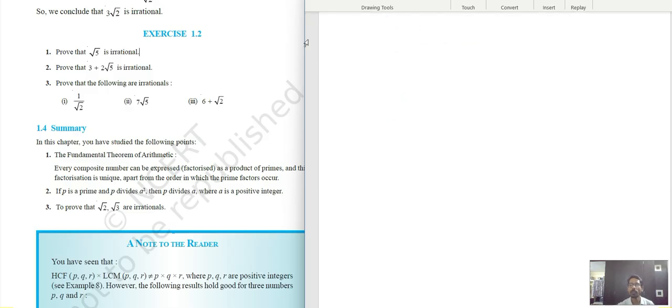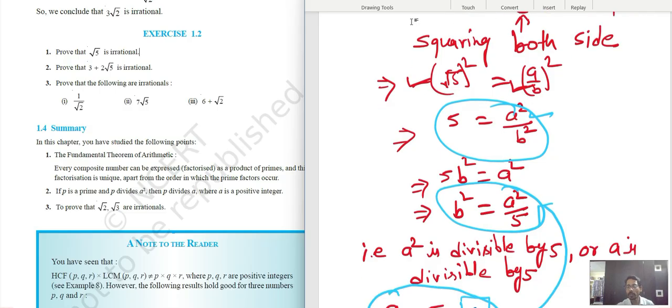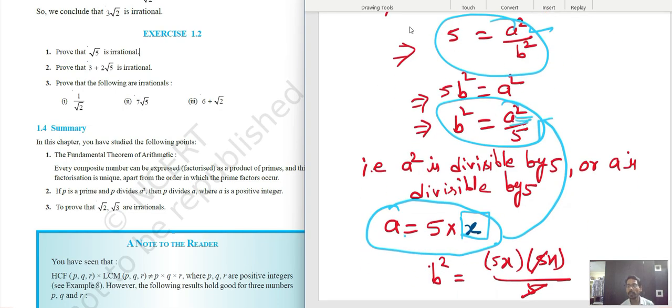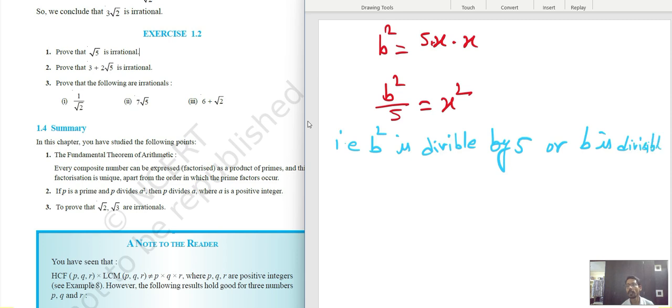Again like that, what we have written here, it was like this, and we have written a square from here. What have we written? a square is divisible by 5. Like that, again we have the same thing here. So we will write that b square is divisible by 5, or we can say b is divisible by 5.